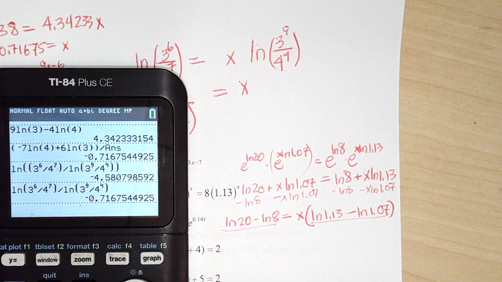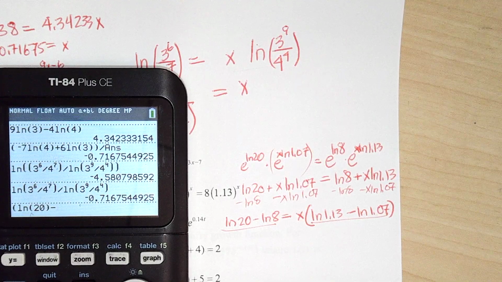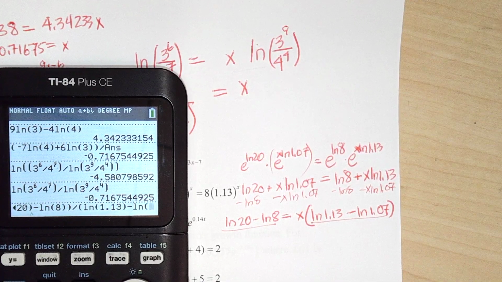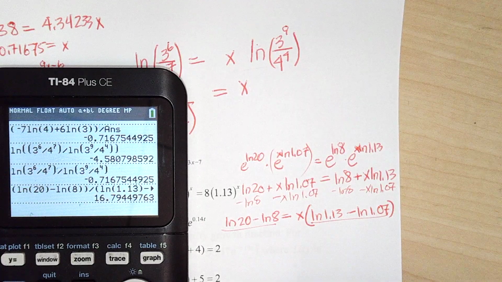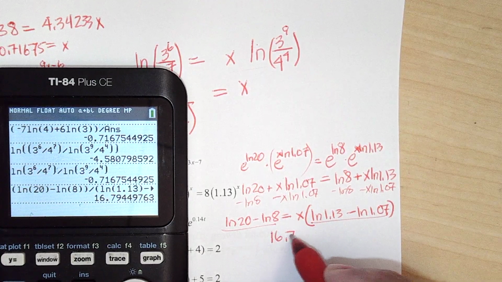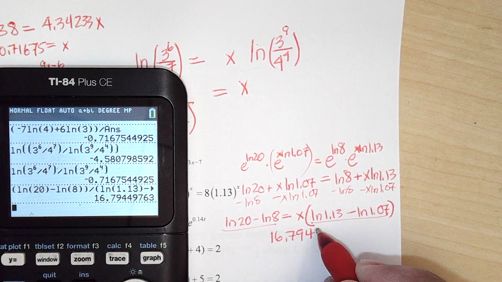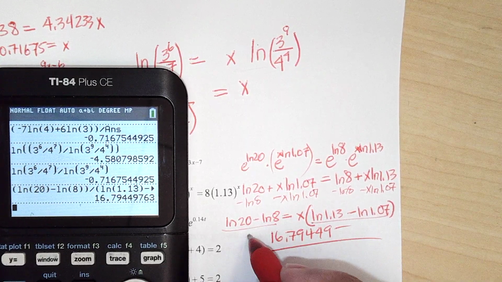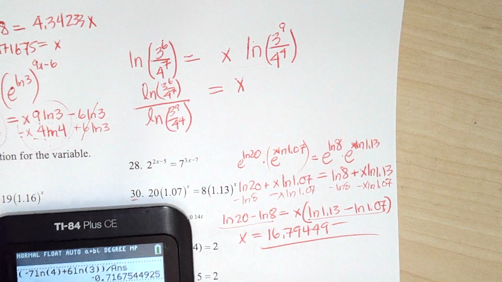So I got parenthesis ln 20, close that ln, minus ln 8, close that one, and then close this whole quantity, so the whole thing is being divided by this whole quantity, so open parenthesis, ln 1.13, close that log, minus ln 1.07, close that, close the denominator, and I get 16.79449, whatever. That's what x should be in number 30.